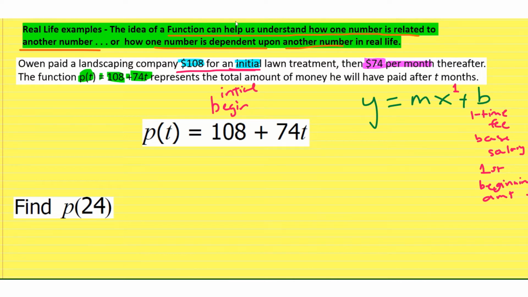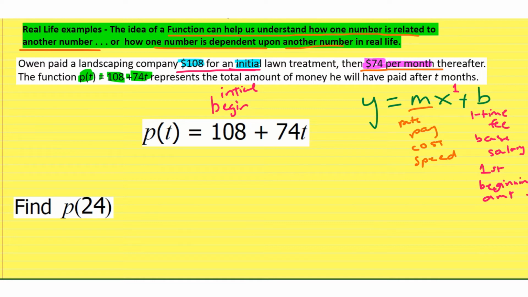Okay, so also we need to consider in real life that the slope is what we call it in math language, but in real life it's some kind of rate. It can be a pay rate, it can be the cost of something, something that we pay, or it could be a rate of speed. It can be speed in some kinds of real life situations. But in this one, it's the 74 per month.